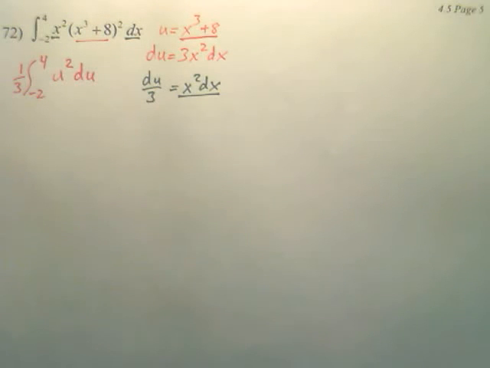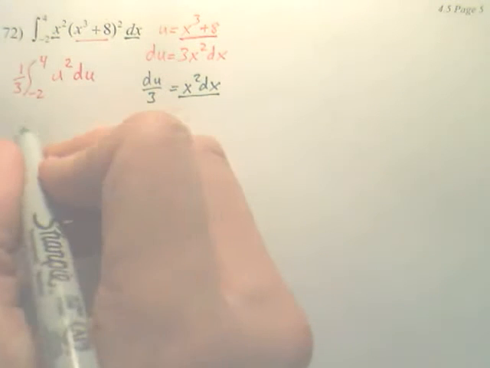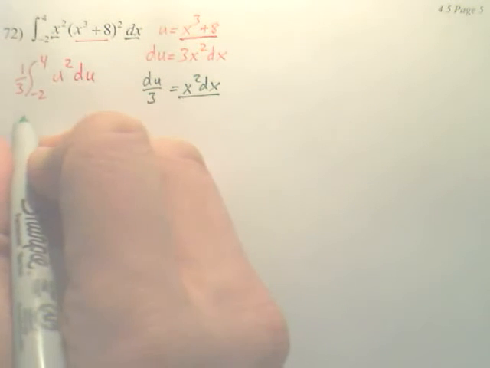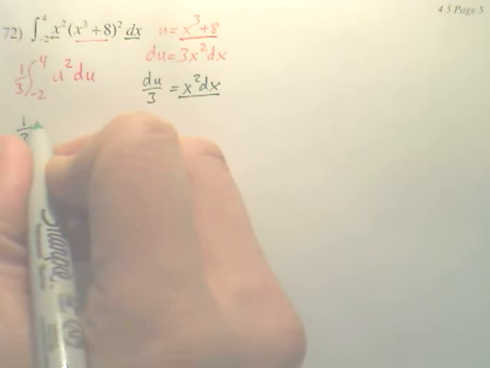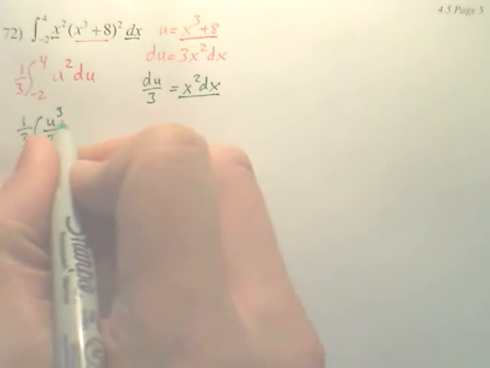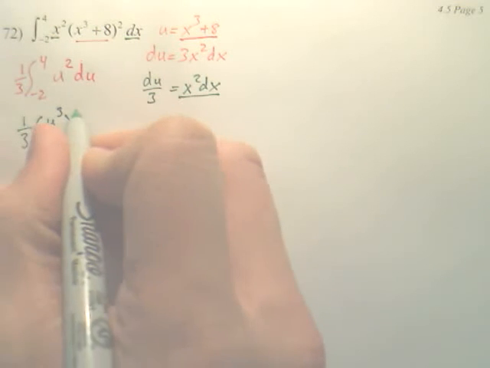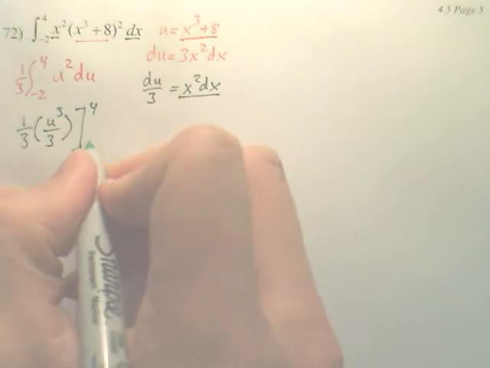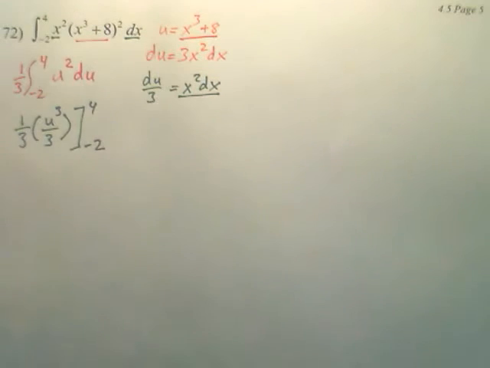I now have a really simple problem. So we integrate this, we get 1/3 u to the 3rd over 3, and my interval is from -2 to 4. Now, let's plug u back in.